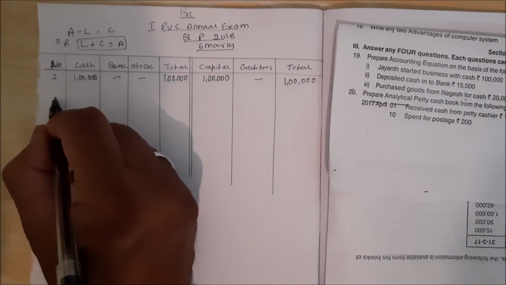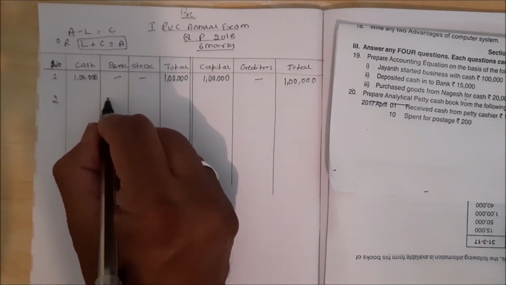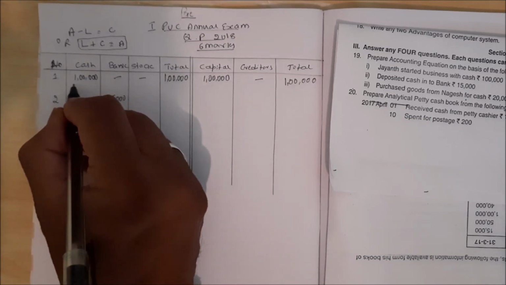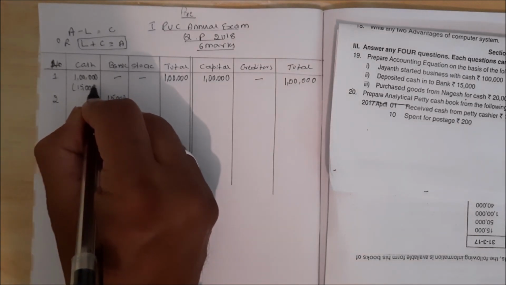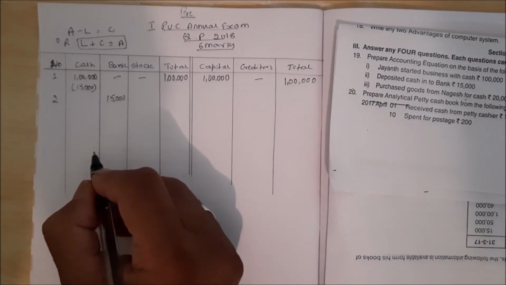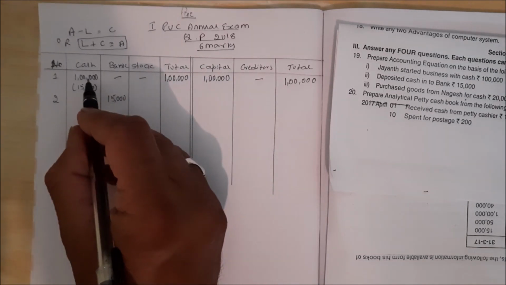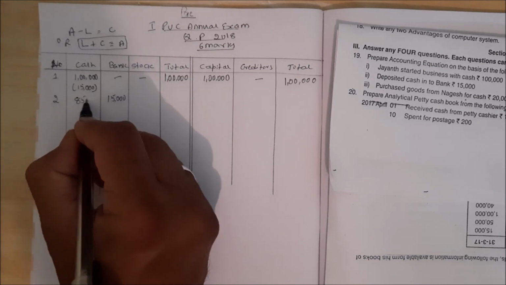Next, deposited cash into bank 15,000. That means bank balance will increase by how much actually? 15,000. But cash balance will decrease by 15,000. Anything you write within the bracket is called cash outflow, or cash is going out. So 1 lakh minus 15,000 is 85,000.